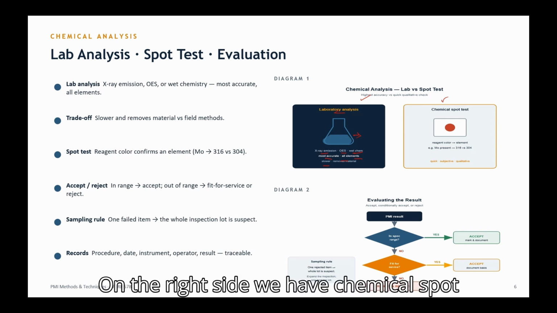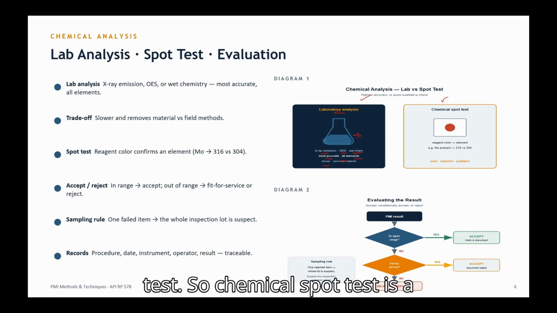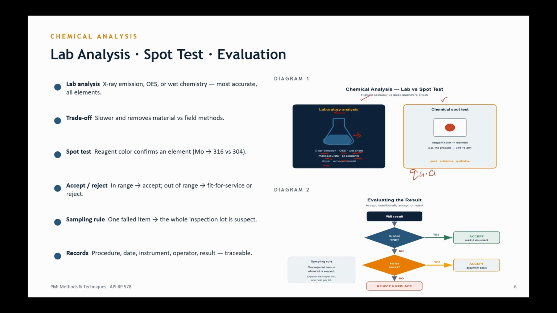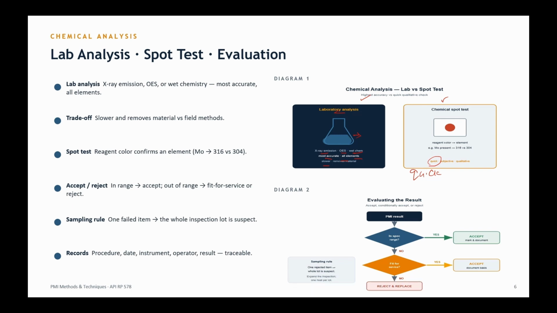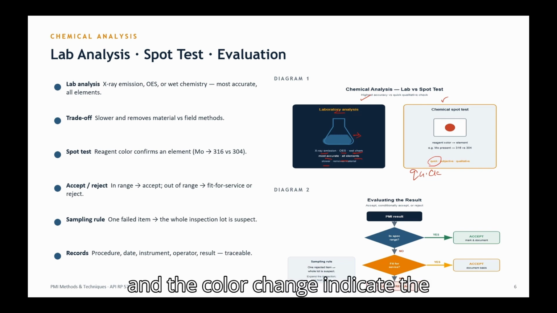On the right side, we have chemical spot test. Chemical spot test is a quick field method. A reagent is applied to the surface and the color change indicates the presence of a particular element.